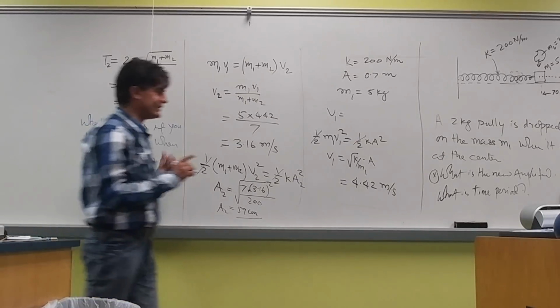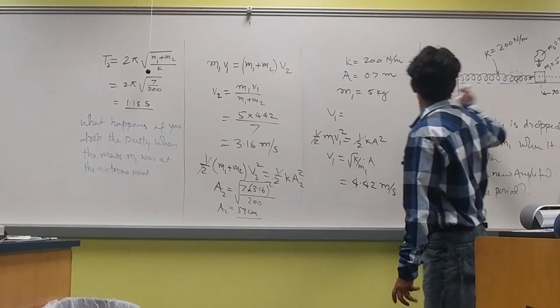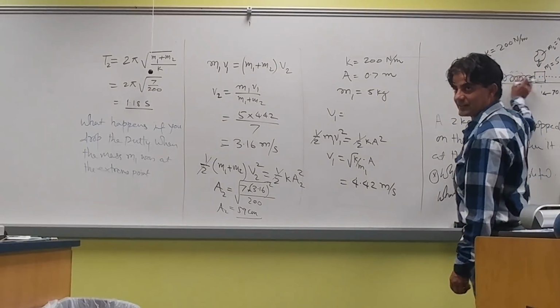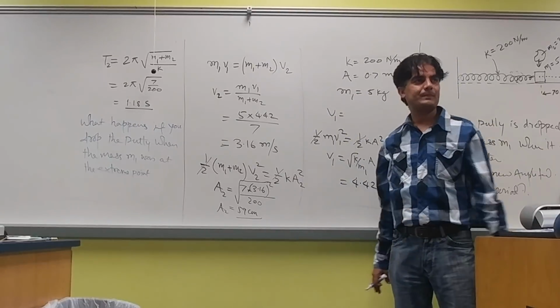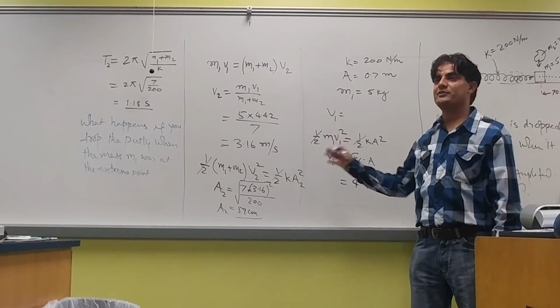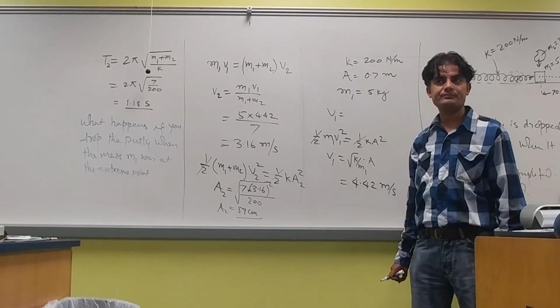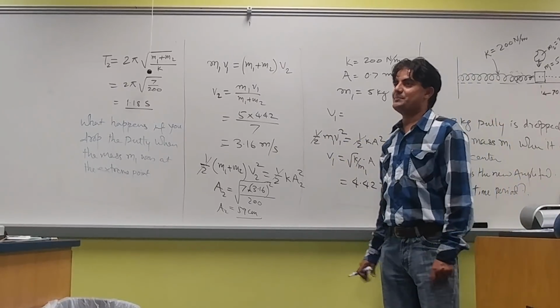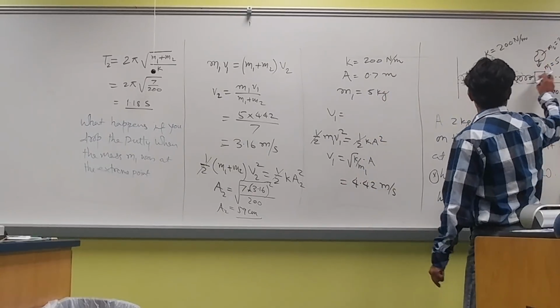Look at the beauty here. If you drop the putty when it is at the center, your amplitude decreased and you have a new time period, right? But what will be the amplitude if you drop the putty when it is at the extreme point?